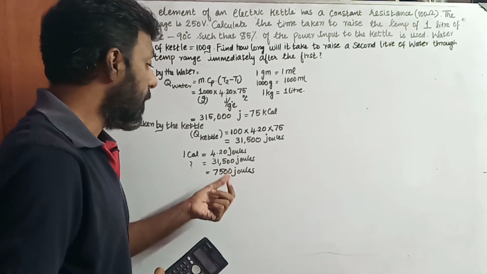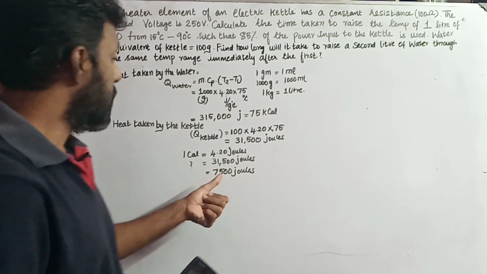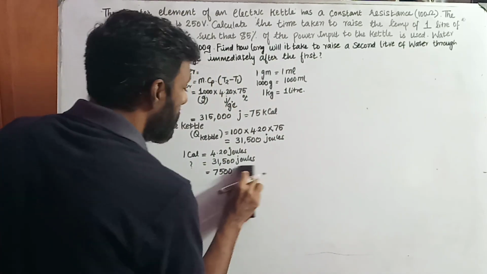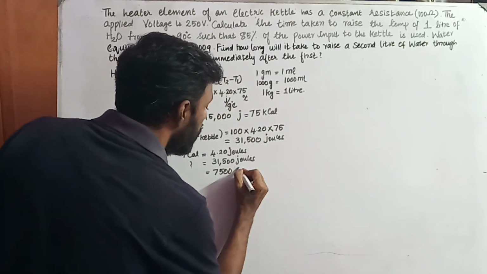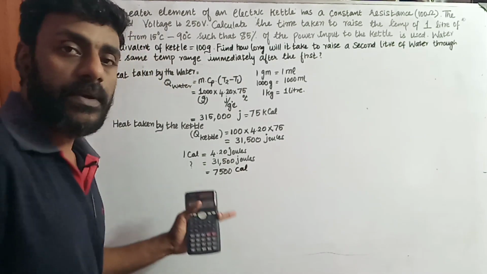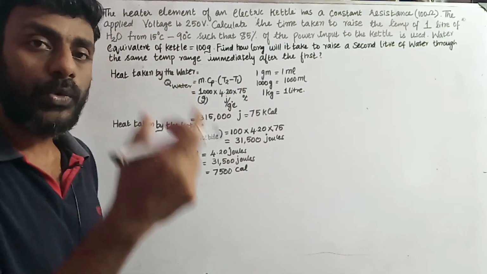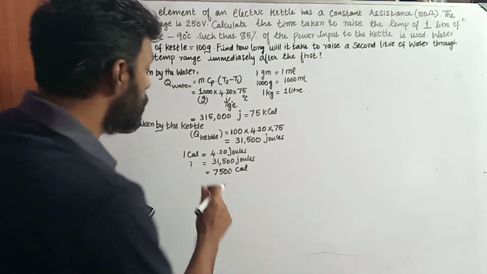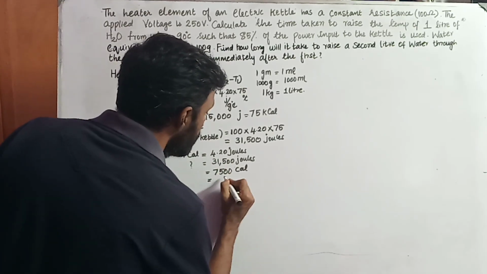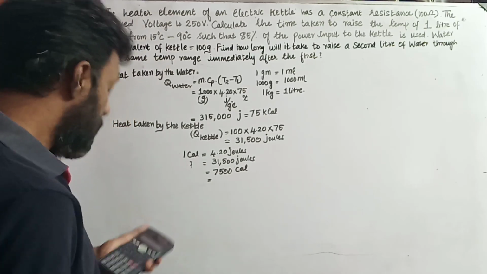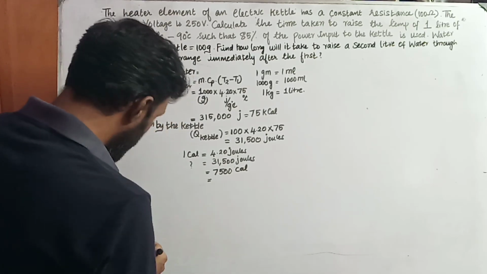So I'm going to convert this 7,500 joule, 7,500 calories. Okay, I'll be getting 7,500 calories. Now I'm going to convert this 7,500 calories into kilocalories. If I convert into the kilocalorie, the higher unit, I need to divide by 1000. So 7,500 divided by 1000 will be 7.5.